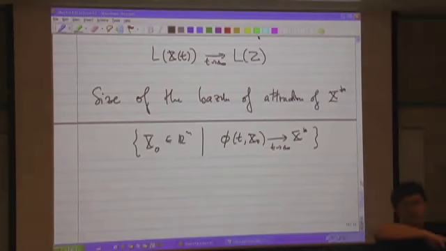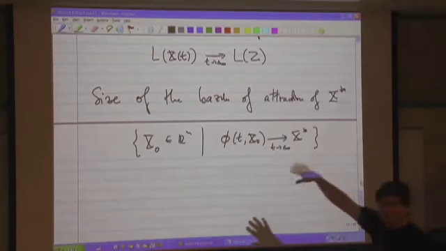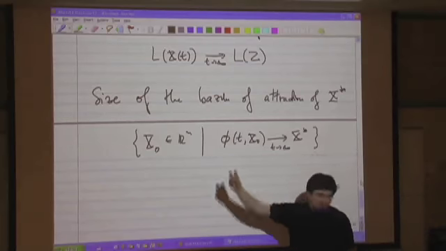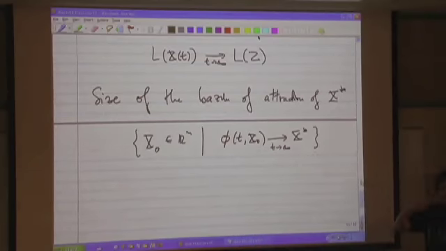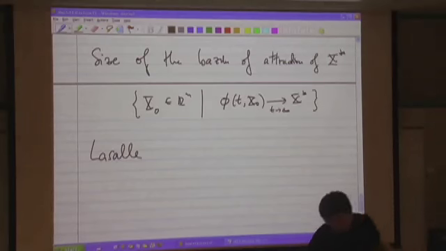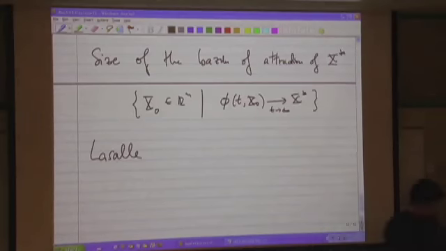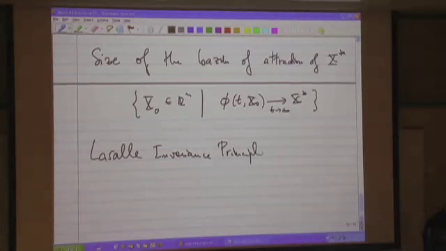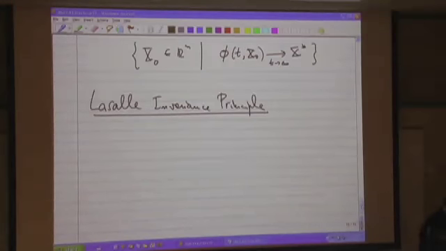It can be a half plane, infinite in some areas. By size, we mean how far you can go in all directions. This is called the LaSalle invariance principle, just as a reference for the name.